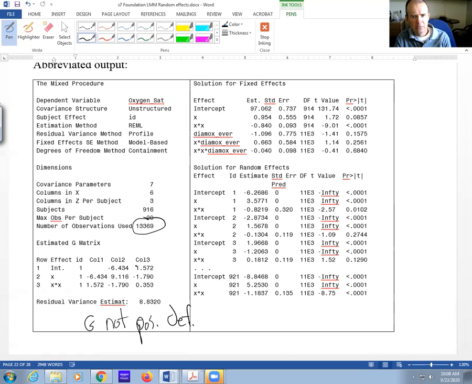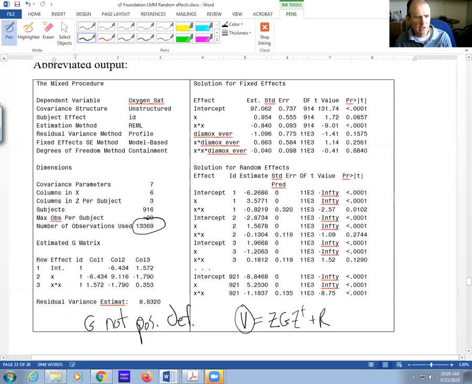And I would argue that it's not a deal breaker, because what we really are interested in ultimately is V, right? So we know V is equal to Z G Z transpose plus R. So this is the thing that we're most interested in terms of getting a good model.